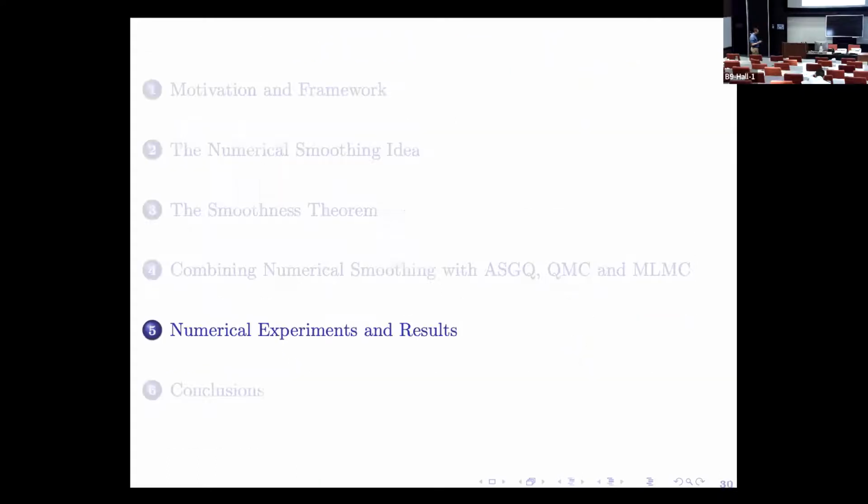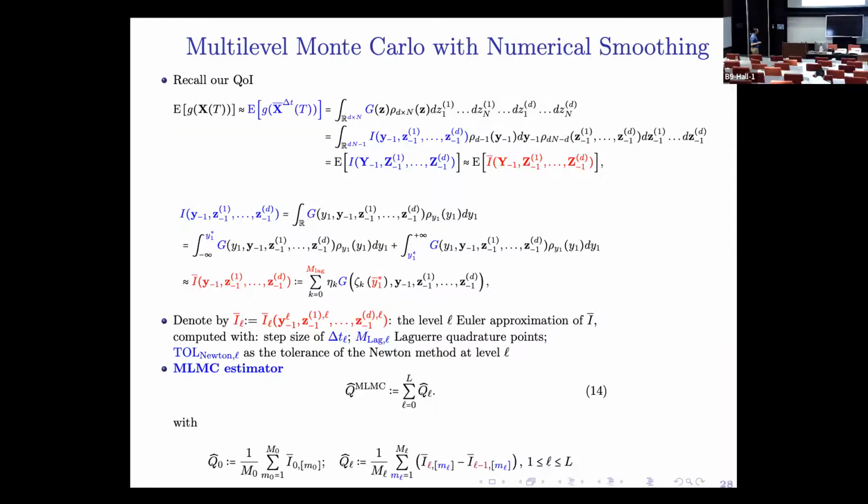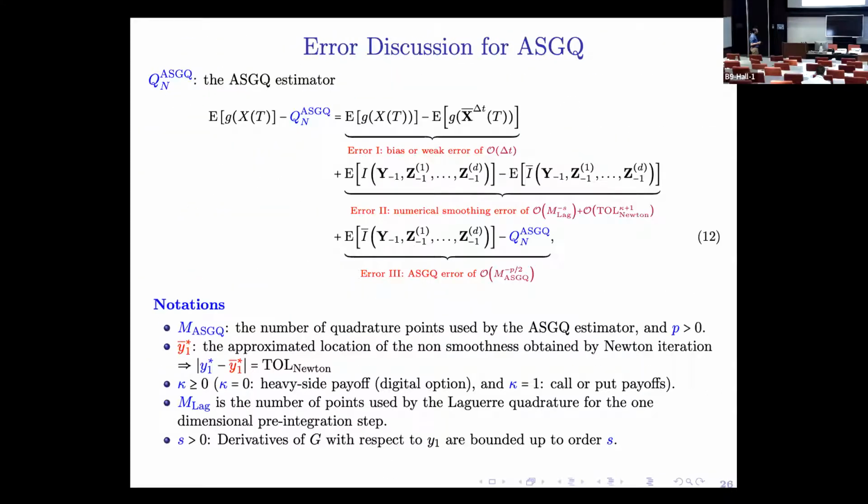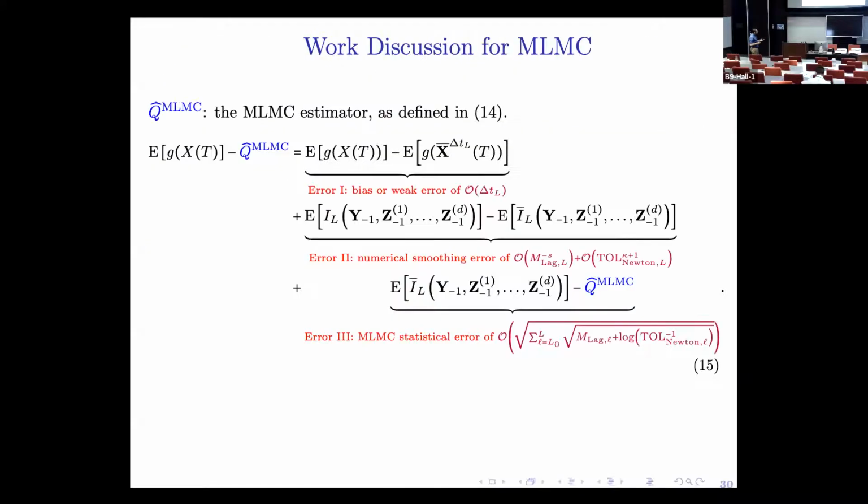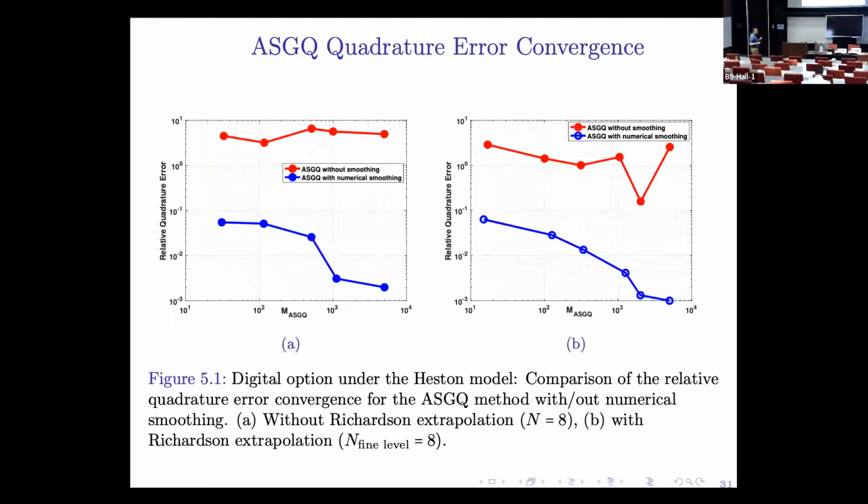Maybe I did not say it before, but when I did the analysis of the error, I assumed I don't do any Richardson extrapolation, because if I use Richardson extrapolation, this will help to control the weak error better because you have a higher order convergence, and then this will reduce the number of dimensions, and you expect that the behavior of the quadrature will be much better because dimension is always problematic.